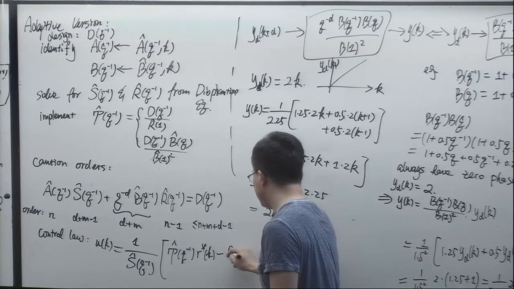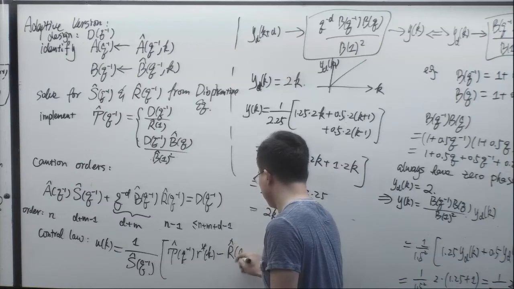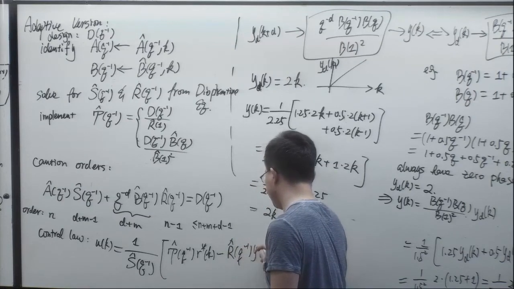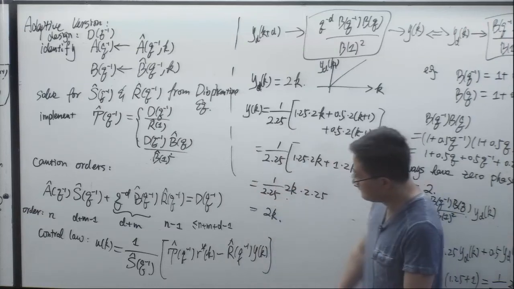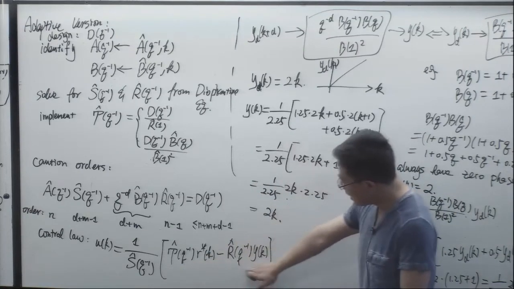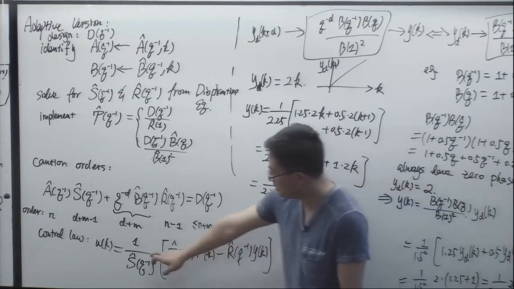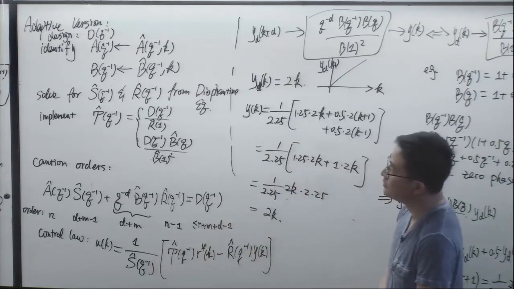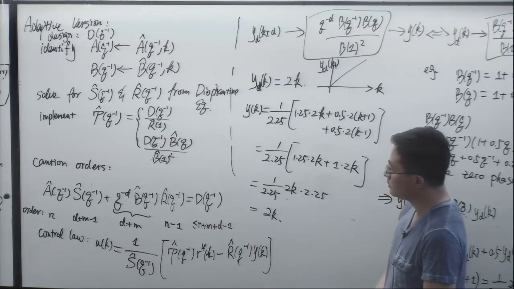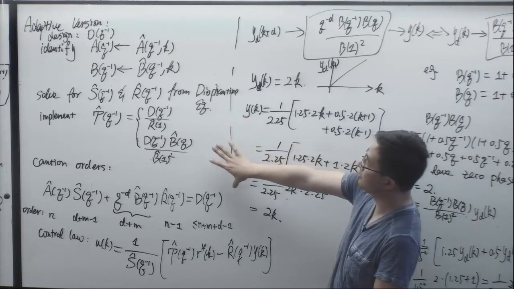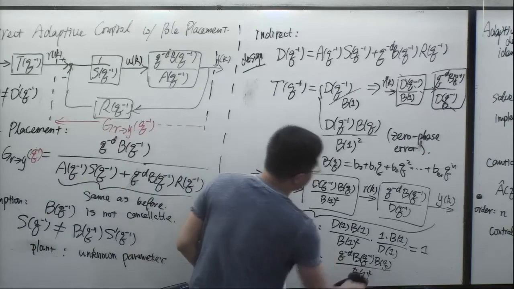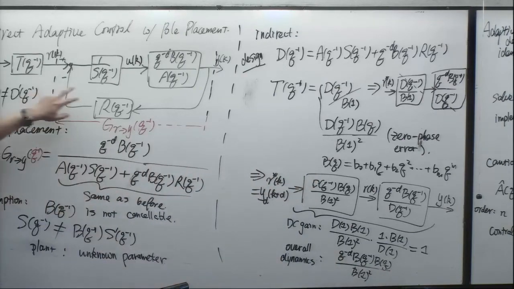Minus R hat and then YK. All right? So feed forward pass, feedback pass, and then 1 over S hat. So this is the recipe for indirect adaptive pole placement. This is if we still stick to this RST type of structure.